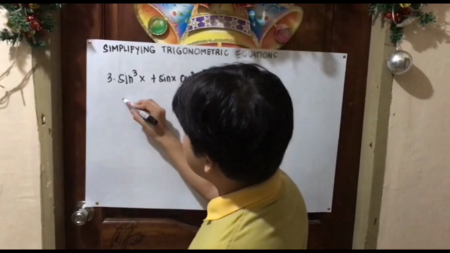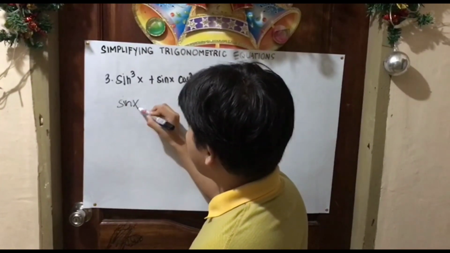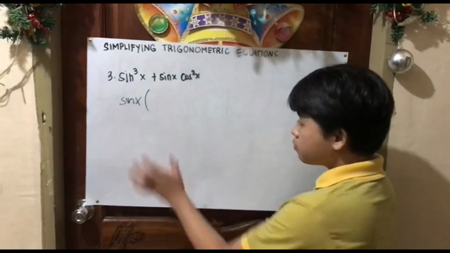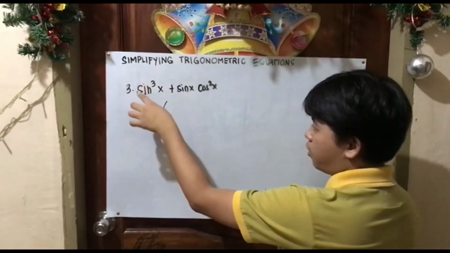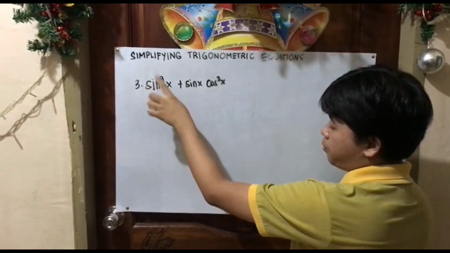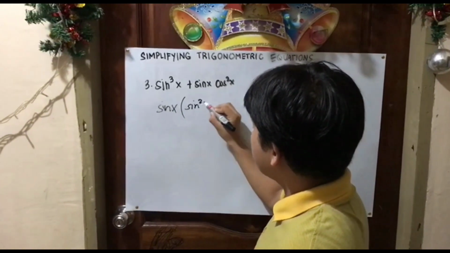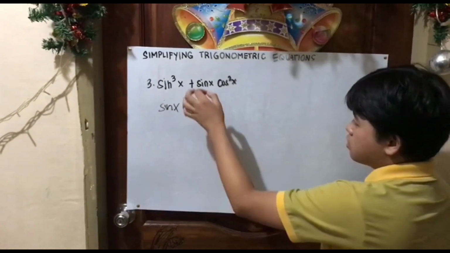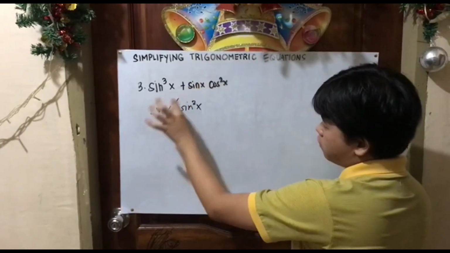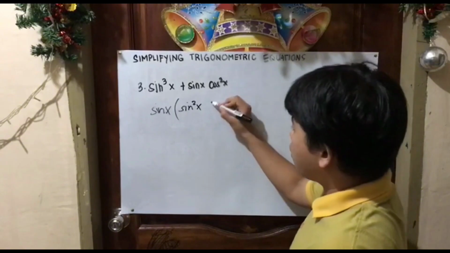So let's put sine x outside. So sine cubed x divided by sine x is equal to sine squared x. Sine x cosine squared x divided by sine x is equal to cosine squared x.